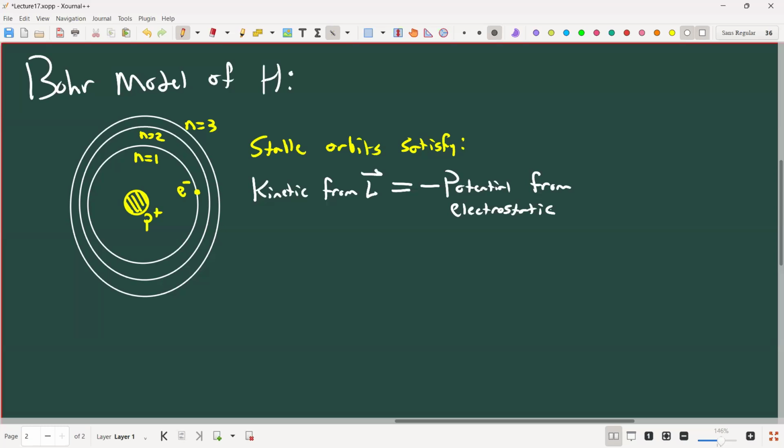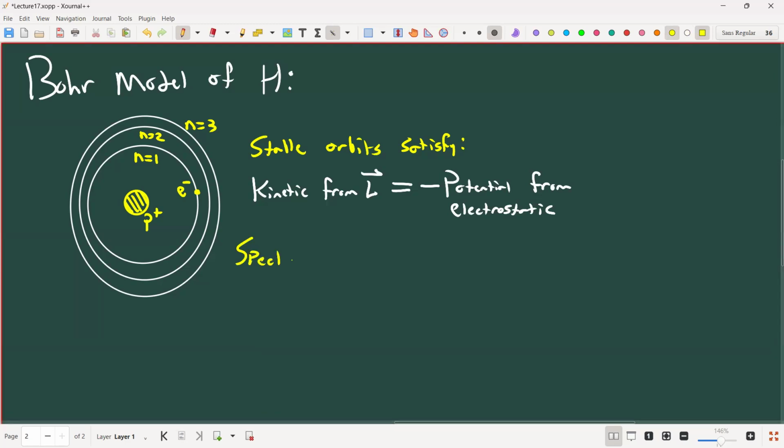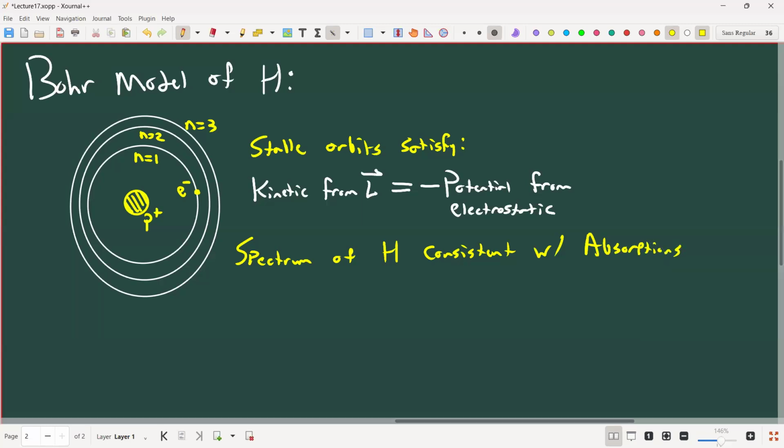And what Bohr says is that the frequencies, the wavelengths of the light, he says that the spectrum is consistent with absorptions between two different orbits.